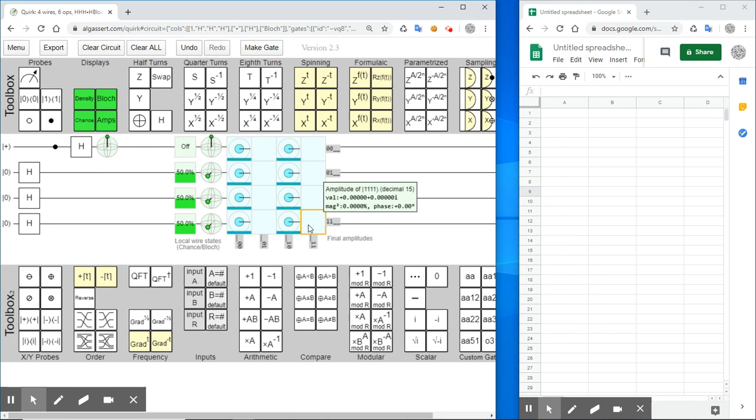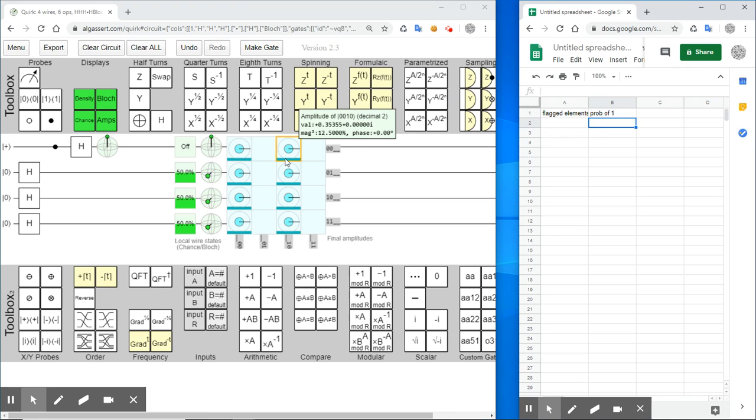So what about we start with 0, right? And then this is the elements, and this is the global phase. Or it's kind of the probability of measuring 1, really.